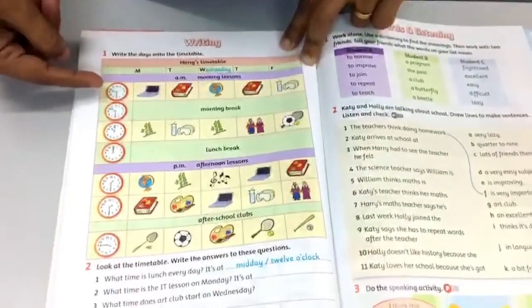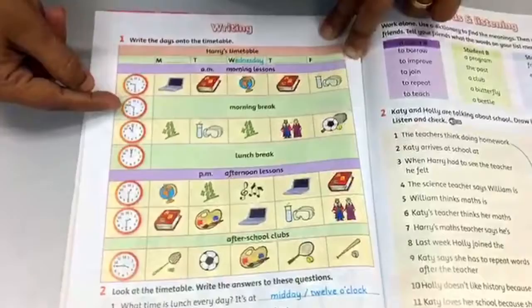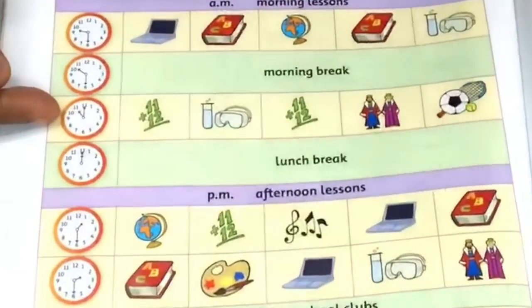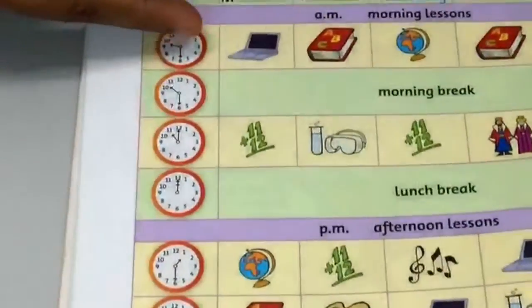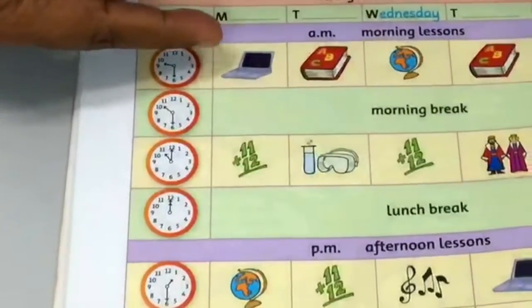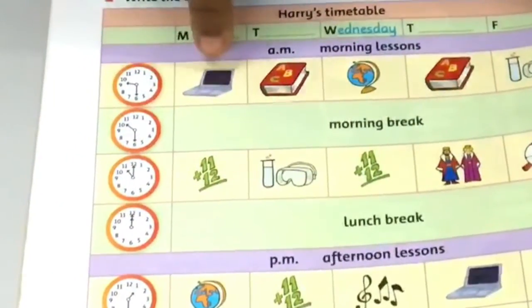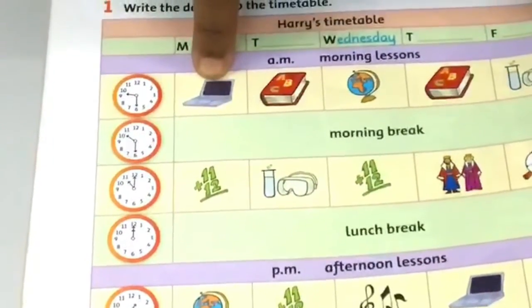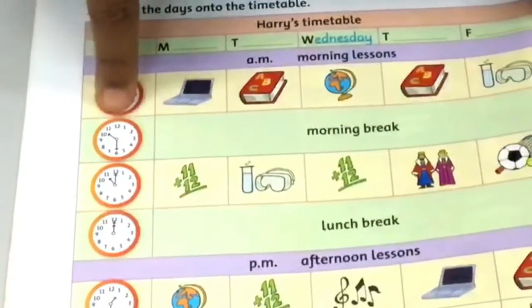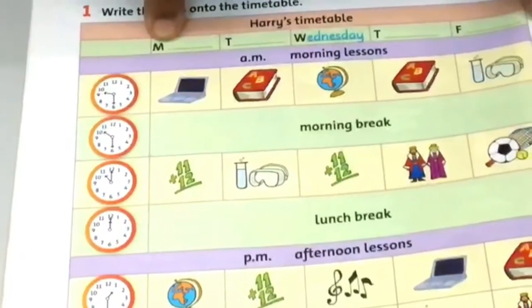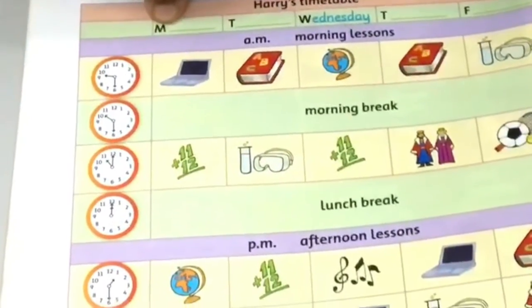Okay? And you can see the times which are written on these clocks according to the subjects, at which they start, for example, IT lesson. It starts at 9:30 on Monday. Okay?